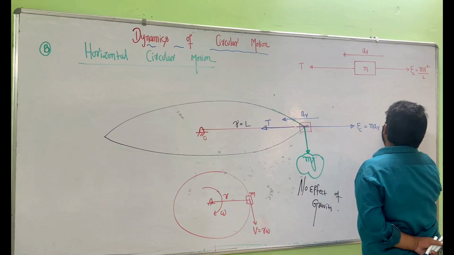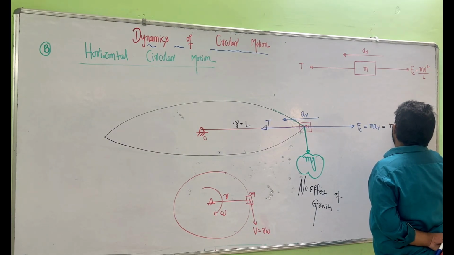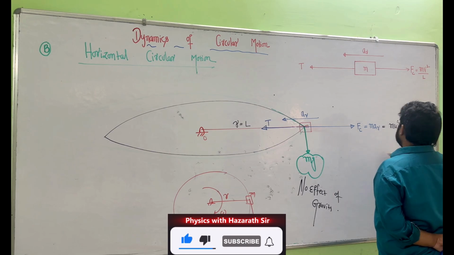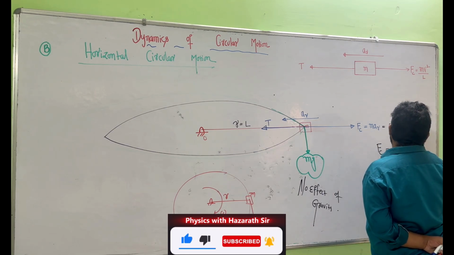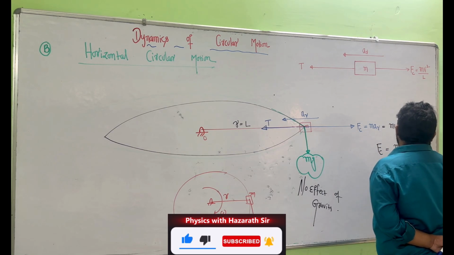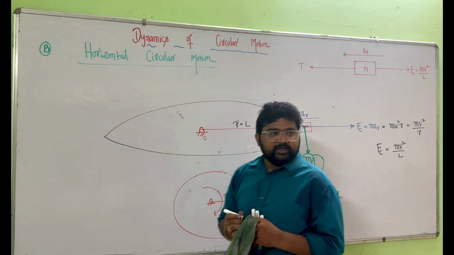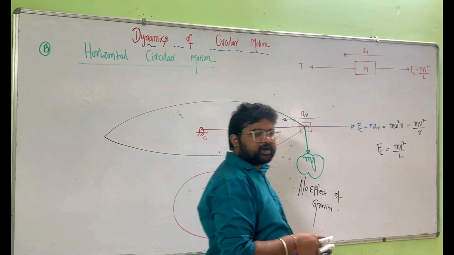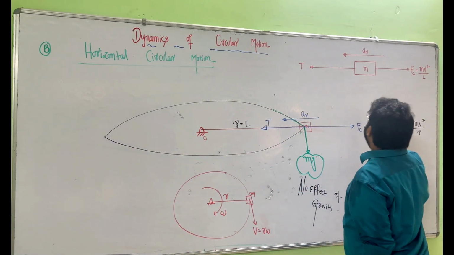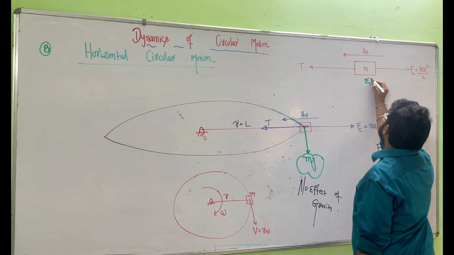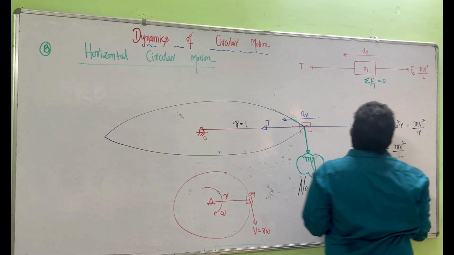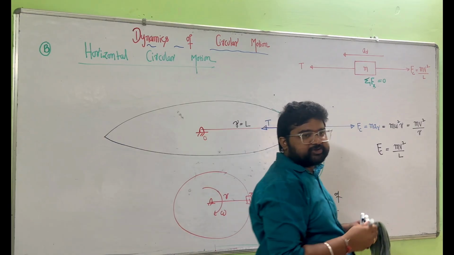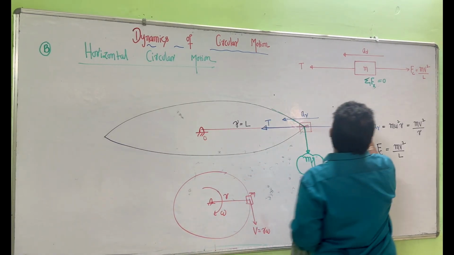Here you can write it as m omega square R, that equals mv square by R, which is the centrifugal force, mv square by L. So the inertia force represented in the free body diagram means the dynamic problem is converted into a static problem. You can apply static equilibrium equations: sigma Fy equals sigma Fx equals 0. Sum of the left forces equals sum of the right forces. Tension.